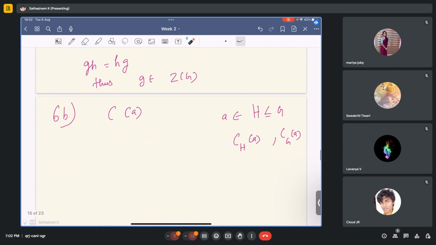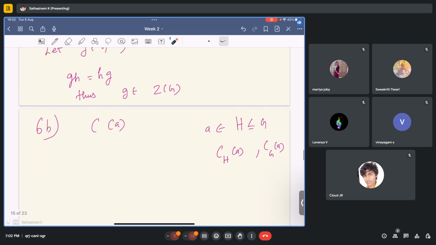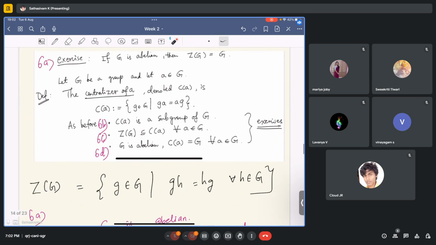When things become complicated and there are two groups, you always specify the group. But in this case, there is only one group, so there is nothing to worry about, and he doesn't put any subscript.